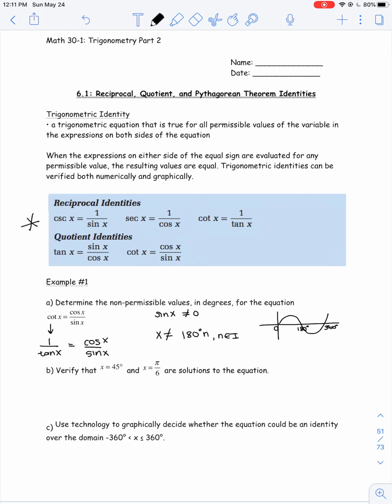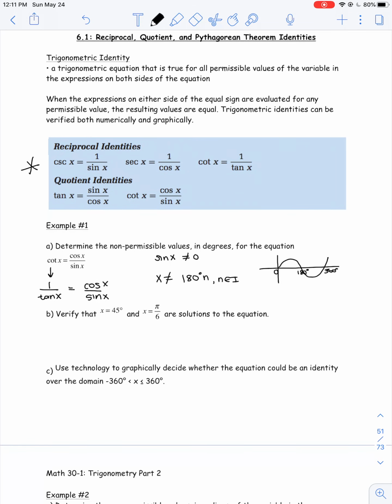Now they want us to verify that x equals 45 degrees and x equals pi over 6 are solutions to the equation. So what I can do is plug in 45 degrees and pi over 6 to see if left side equals right side. For 45 degrees, it's really easy to do in your calculator.